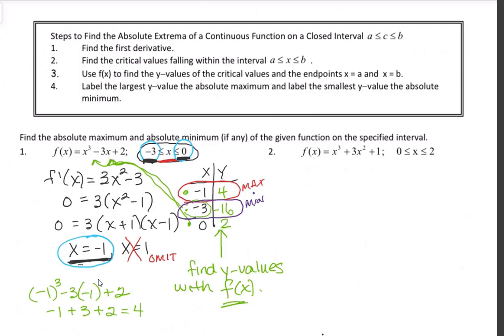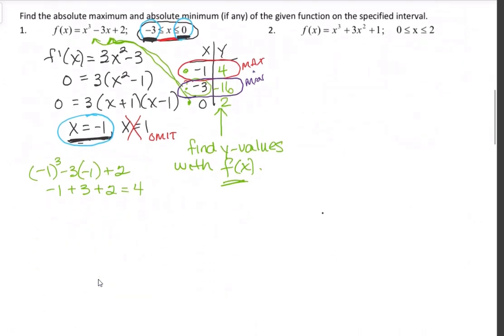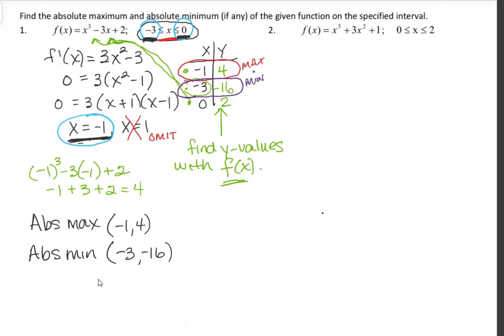If we write out what our answer actually looks like, we would say that the absolute maximum of that function in that interval is at -1, 4, and the absolute min of that function in that interval is at -3, -16.